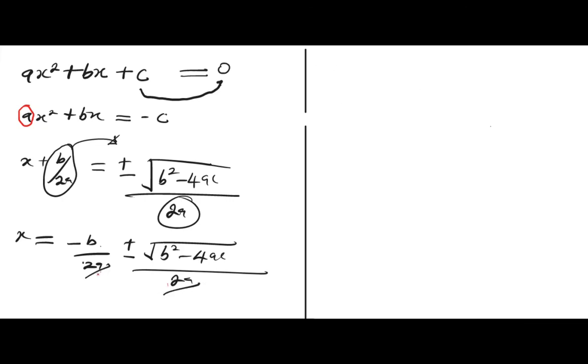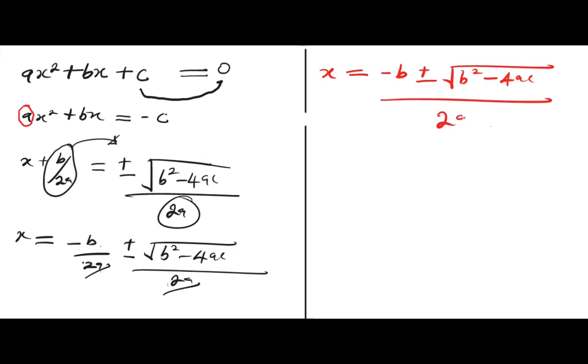If you consider only one denominator and combine the fractions, we're going to have x equals negative b plus or minus the square root of b squared minus 4ac divided by 2a, and this becomes the quadratic formula.